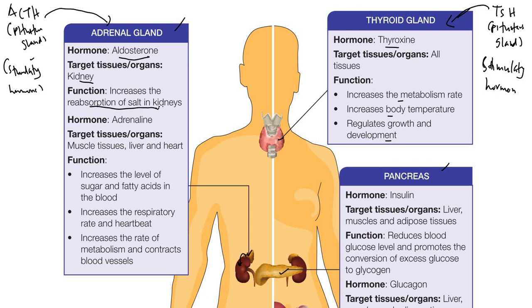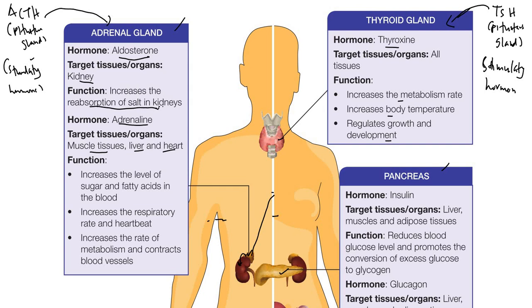The second hormone secreted by the adrenal gland is adrenaline. The target tissues or organs are muscle tissue, liver and heart. This means from here, this hormone can travel to the heart, the liver, the muscle tissue and so on through the blood circulation, because the adrenal gland is a ductless gland.